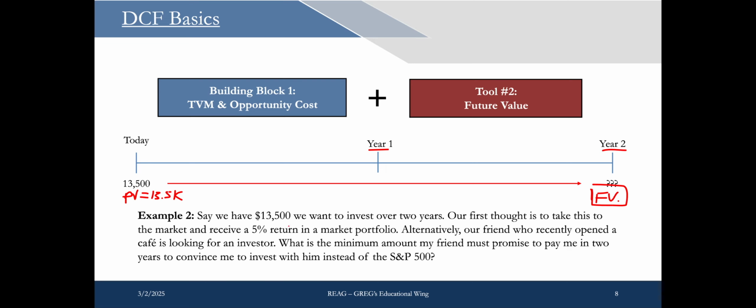How much money am I going to make with a 5% return every year over 2 years with the S&P 500? If Mason pays me more than that amount, I will invest with him. If Mason promises me a return lower than that future value, I know it's not worth it. I would rather invest with the market.